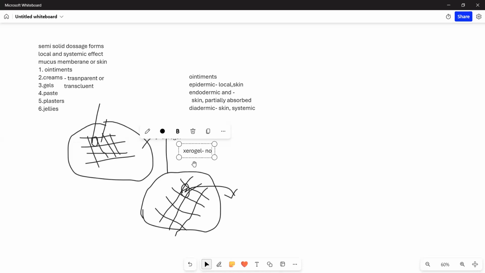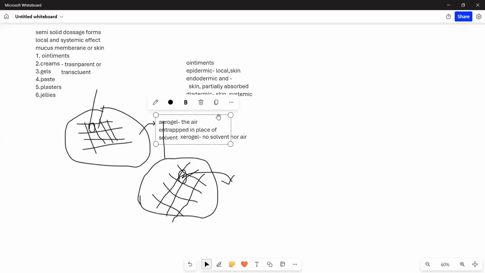In aerogel, in place of the liquid, the air is entrapped in the network. But in xerogel, there is no air and no solvent. While in aerogel, the air is entrapped in place of solvent. I think these two terminologies are now clear to you.